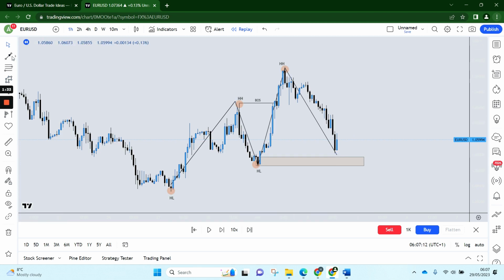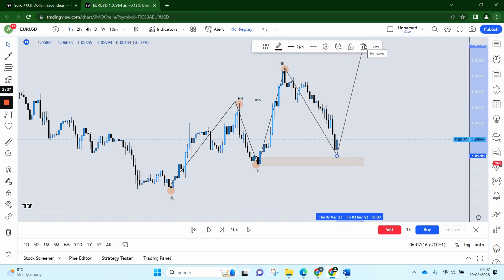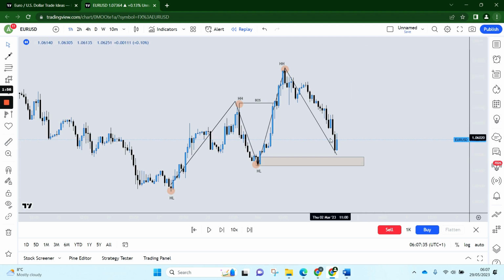So obviously we anticipate that price needs to go up, but we don't know when, right? We need some sort of confirmation from the internal structure switching bullish through a bullish change of character to provide that confirmation that the market has switched from an internal bearish structure towards now a bullish trend, right? So let's have a look.